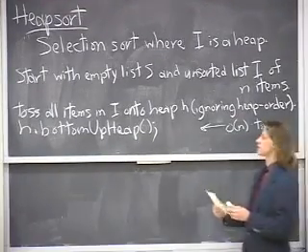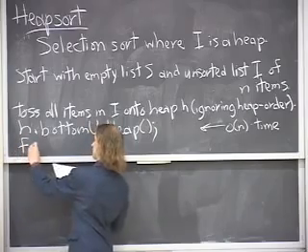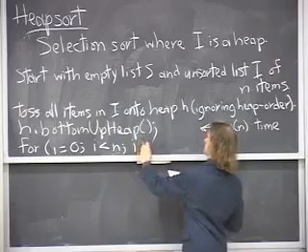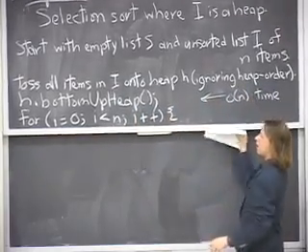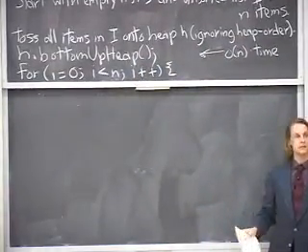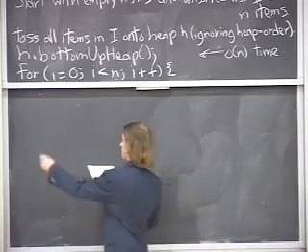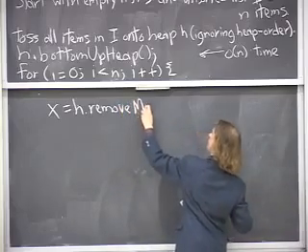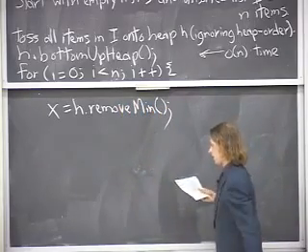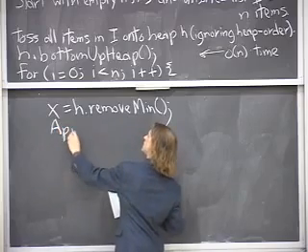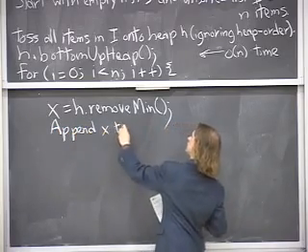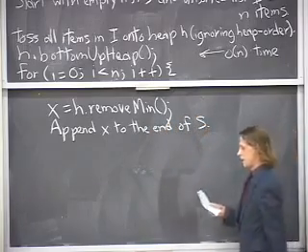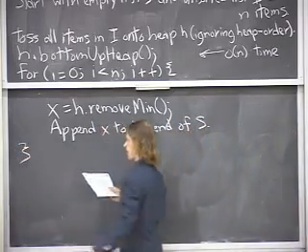Then once I've done that, I just loop as in selection sort. And now I do my select with the removeMin operation. And as usual, append X to the end of S. And that's that.